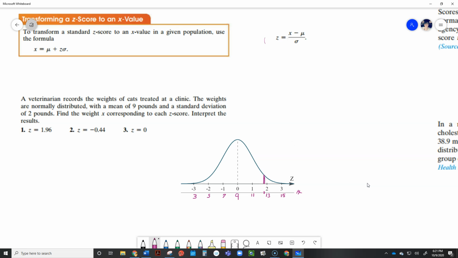So if you take this formula that we have right here and you do a little algebra to it, you multiply both sides by the standard deviation, and then you add the mean to get the x by itself, this is the formula that you get. So for problem number 1 right here, we can find the x value simply by taking the mean, and the mean here was 9 pounds and the standard deviation was 2.